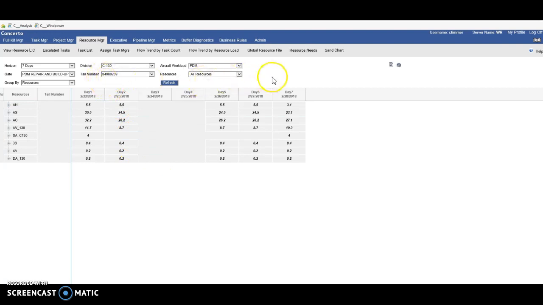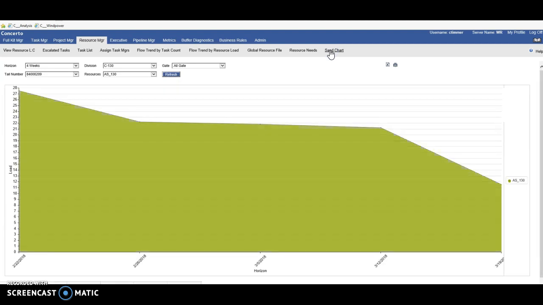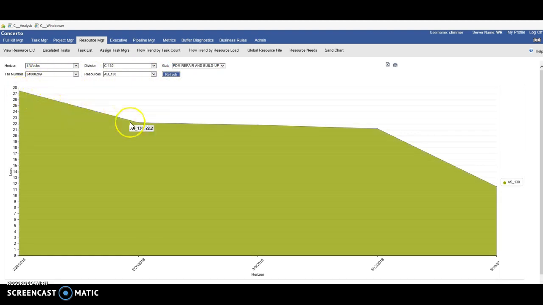Another way to look at this, and I don't like it as well, I like the resource needs chart. You should probably put some capacity numbers along with the load when we're looking at the full load across the squadron. But the SAN chart is one other way to look at this. Some people like the SAN chart format. Here if I look at repair and build up gate for sheet metal skills on 209, I need 27 guys today, and so on and so forth.